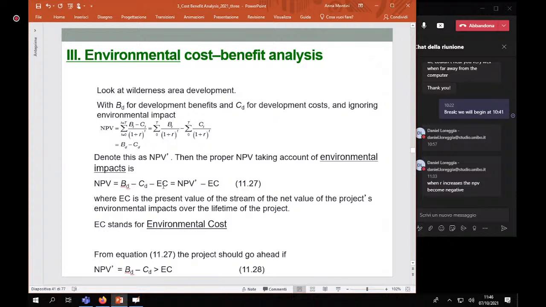But, in my opinion, we can also avoid using this notation, but we have to be sure to consider all the benefits and all the costs, both the economic and environmental ones. Okay, thank you. Okay. Other questions?